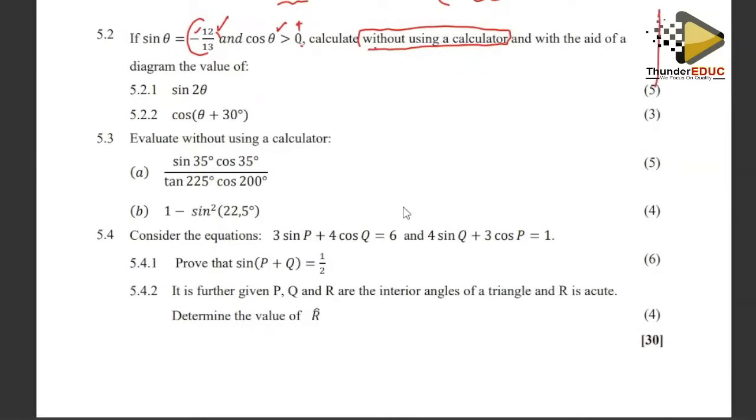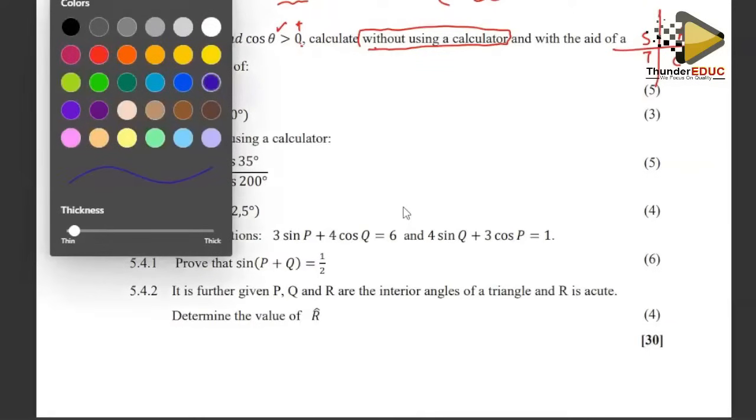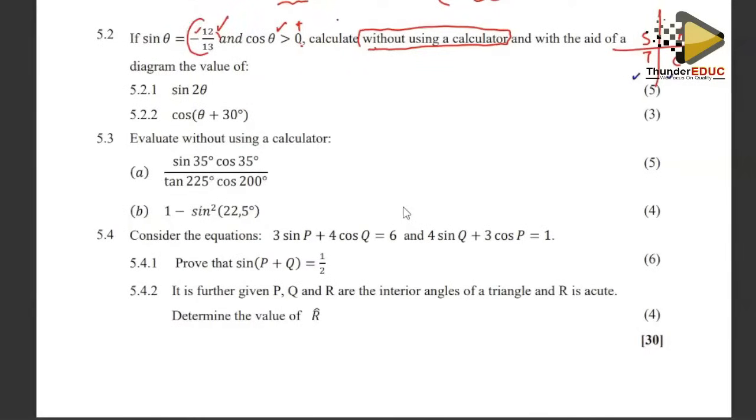So we need to find the quadrant. Okay, so the CAST diagram, and we are saying the sine is negative in quadrant 3 and 4, but cos is positive in quadrant 4. So meaning that our sketch needs to be somewhere here.